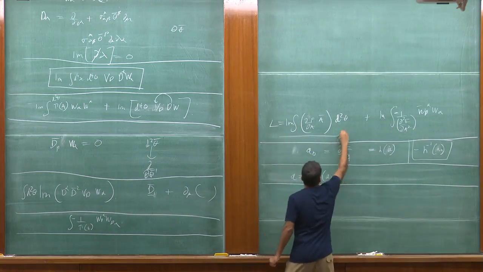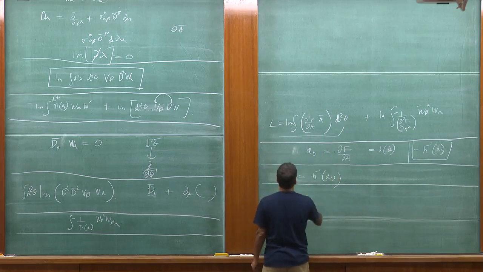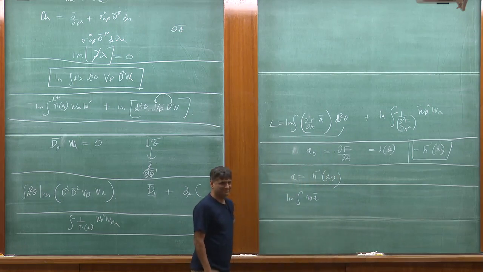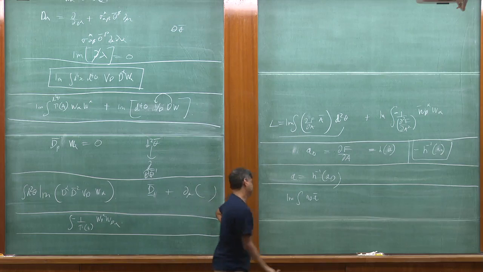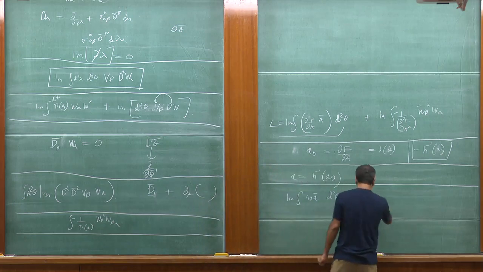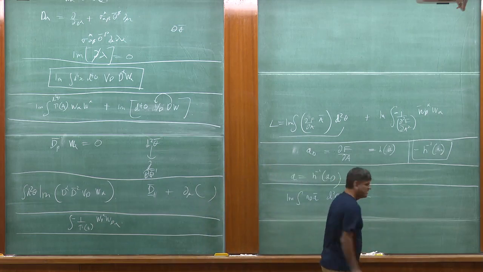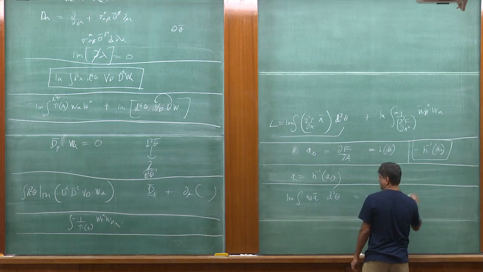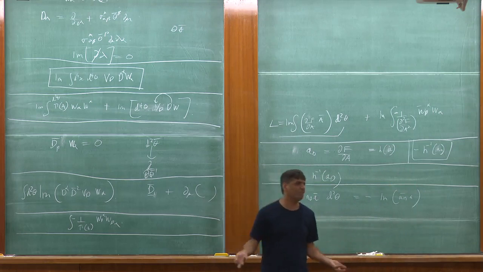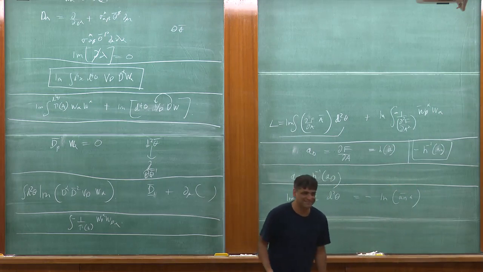This term in the Lagrangian was the imaginary part of AD A bar d to theta, which is equal to minus the imaginary part of AD bar A, because the imaginary part of a term and the imaginary part of its complex conjugate are minus of each other.